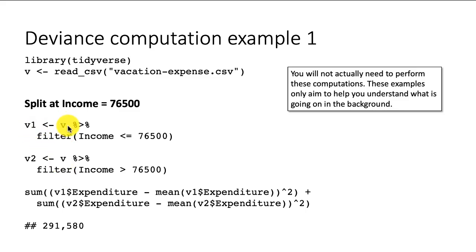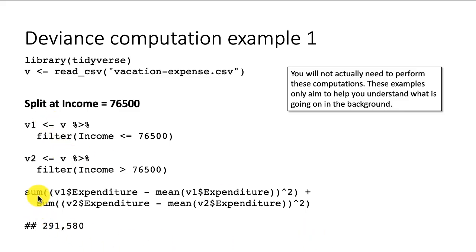V1 is V filter income less than or equal to 76,500, right? So V1 will contain all the rows of V which have income less than or equal to 76,500, and V2 will have all the rows for which income is greater than 76,500, right? Now, to calculate the resultant deviance or resultant homogeneity or heterogeneity, all I have to do is to calculate the homogeneity or heterogeneity for V1 and V2 and add them up, right?